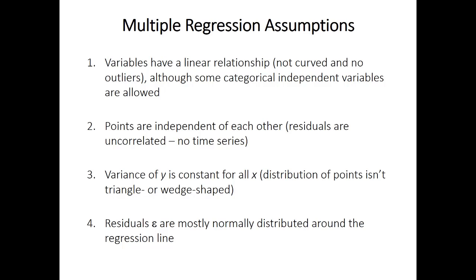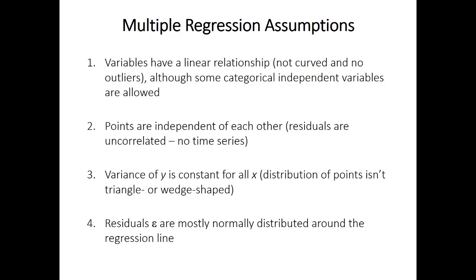So third, the variance of points in the y direction on our graph should be fairly constant at all points along the x-axis. So to evaluate this, again, you would want to make scatter plots, however many is necessary, to compare the dependent variable to all the different independent ones. And watch out for triangle or wedge-shaped distributions of points.